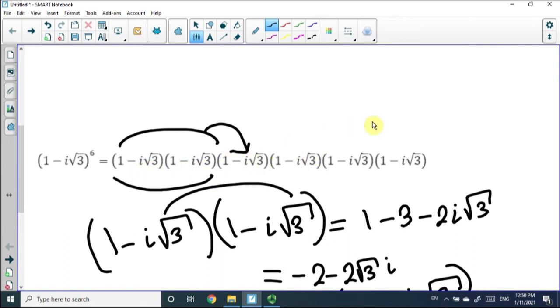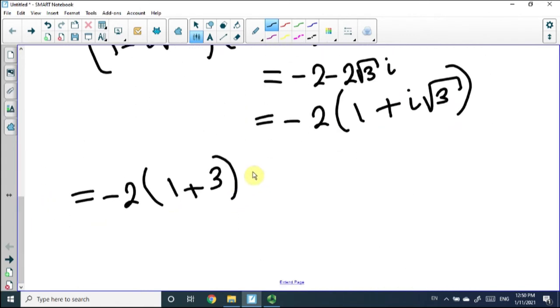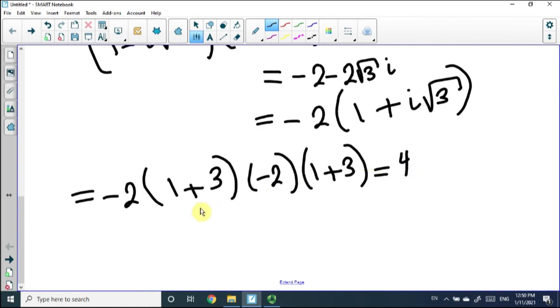Now, the last three terms will give us the same answer. So the answer will be times again negative 2 times (1 plus 3). And so the answer is minus 2 times 4, which is negative 8, and negative 8 times negative 8 gives 64.